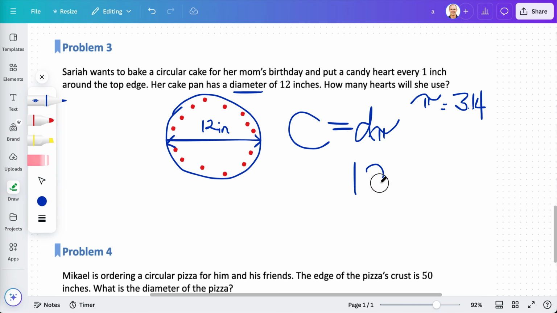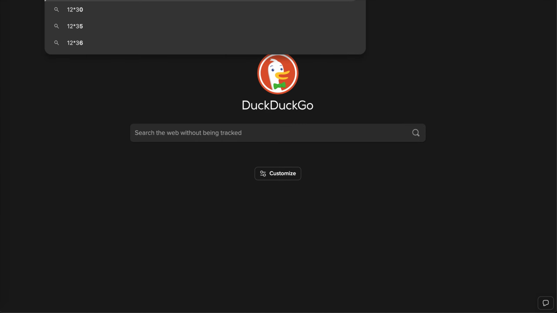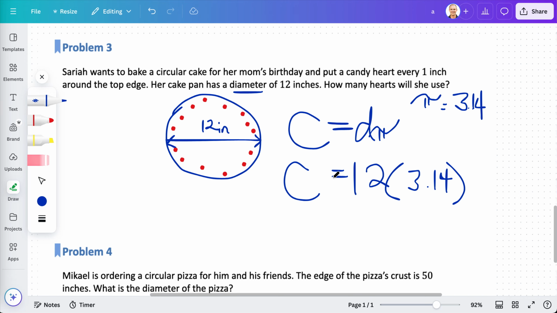So we can have 12 times 3.14, or we can say about 3. Well, let's see what 12 times 3.14 is. So we have 37 point, and I'll just round down to 37.